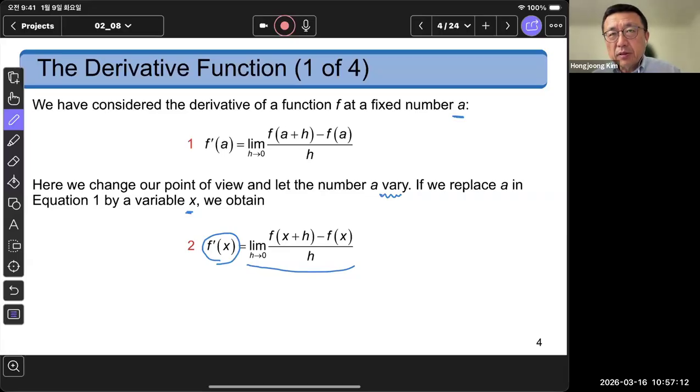So if that limit exists, then I want to assign that limit value as the value of a certain function denoted by f prime of x. Okay? So from now on, I want to have some freedom in the variable a so that it can take any value.